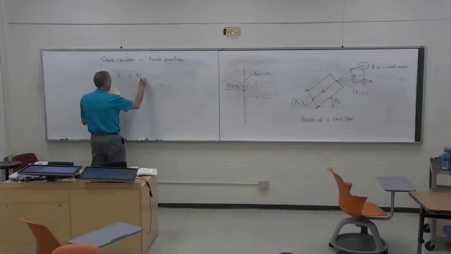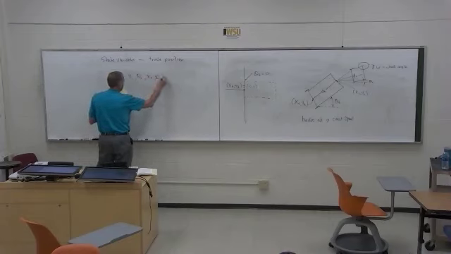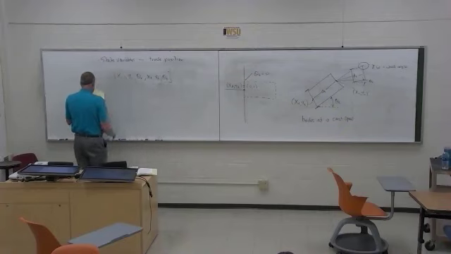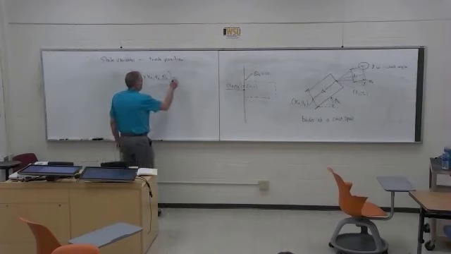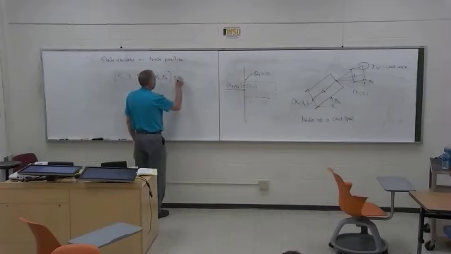Cab stuff, trailer stuff. That's it. And this collection is a vector of values, so we call it the state vector.